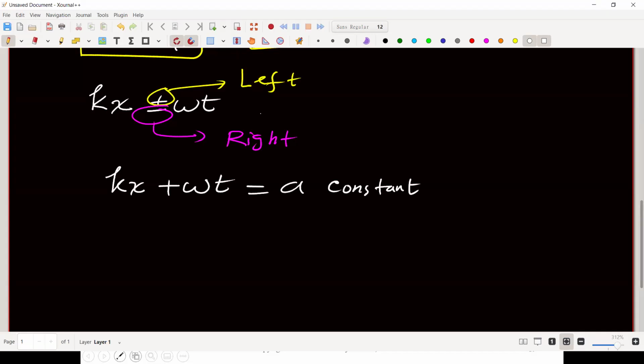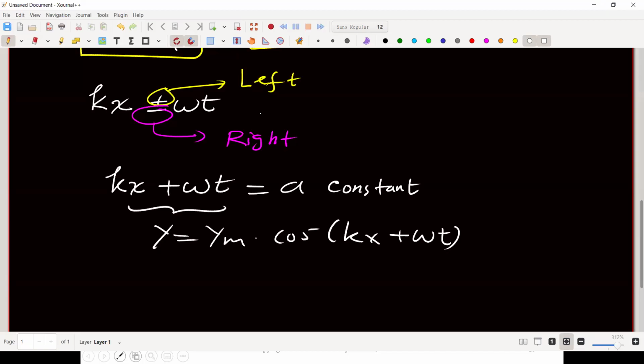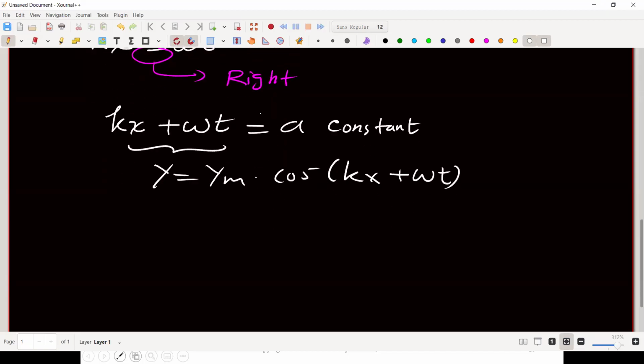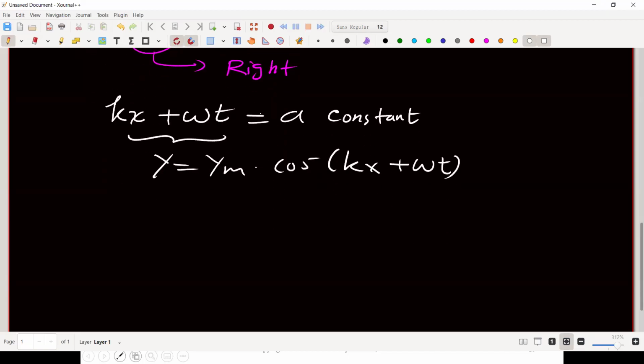So we can take the derivative of this one. For example, the original equation is y equals ym cos(kx plus omega t). We take the derivative with respect to time of kx plus omega t.